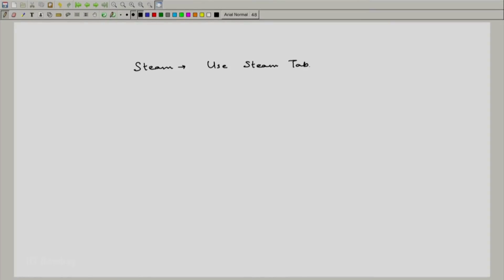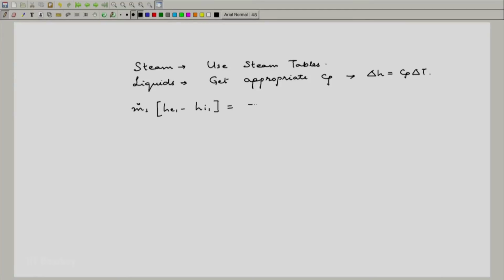For liquids, get the appropriate Cp and use delta H is Cp delta T. So now we have in the present case m dot 1 times He1 minus Hi1 is equal to minus m dot 2 times He2 minus Hi2, or we could write this as m dot 2 times Hi2 minus He2.